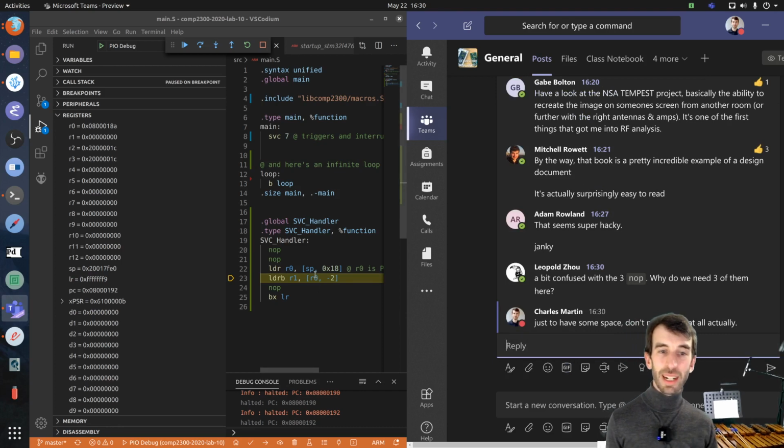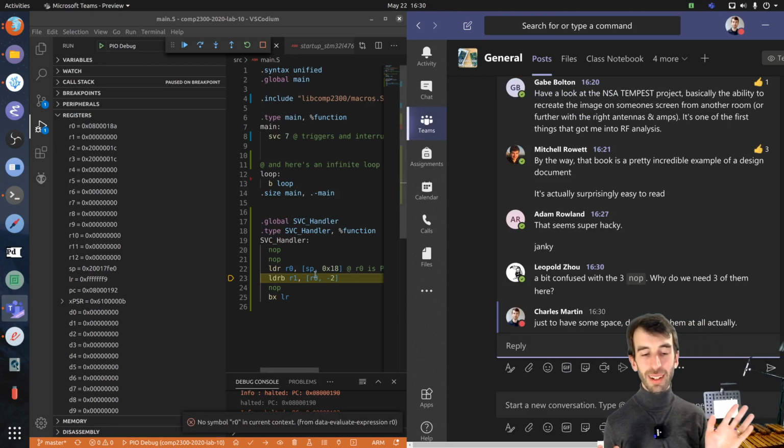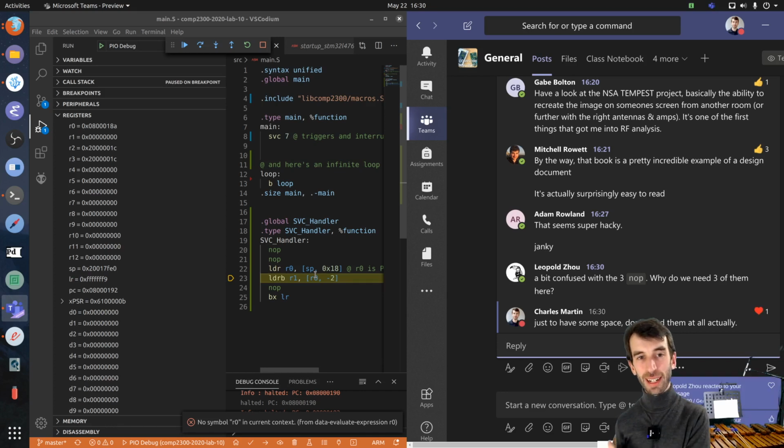Sometimes when I'm running in debug mode, I just put some NOPs everywhere that I'm going to end up so that I'm sure that the debugger will land somewhere. Because if you have a handler with just the label and then the BX LR, it will just go straight to the BX LR and run that code and skip through it. But I just want to make sure it stops right there, just so that we've got a bit of space.